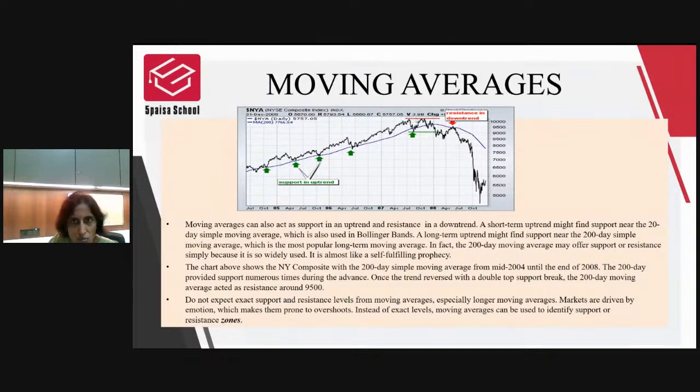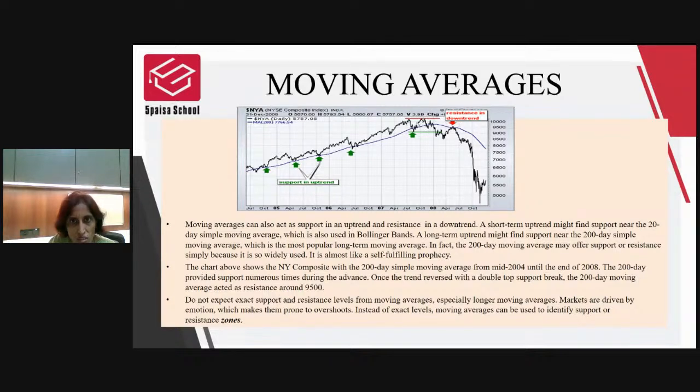Whereas over here, the moving average is indicating a resistance in the downtrend.